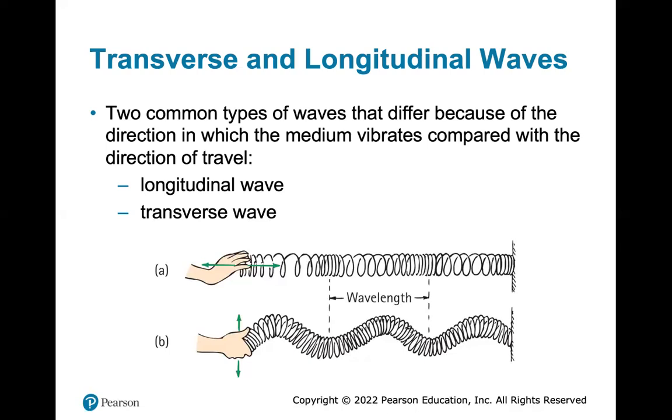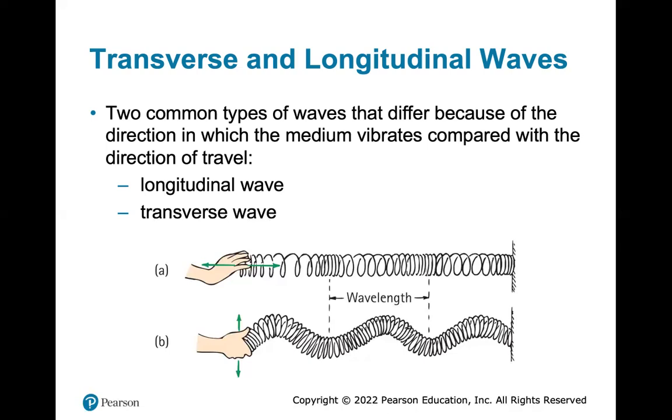In a transverse wave, they're going 90 degrees to the medium, up and down. So those are the differences between the longitudinal wave and the transverse wave.